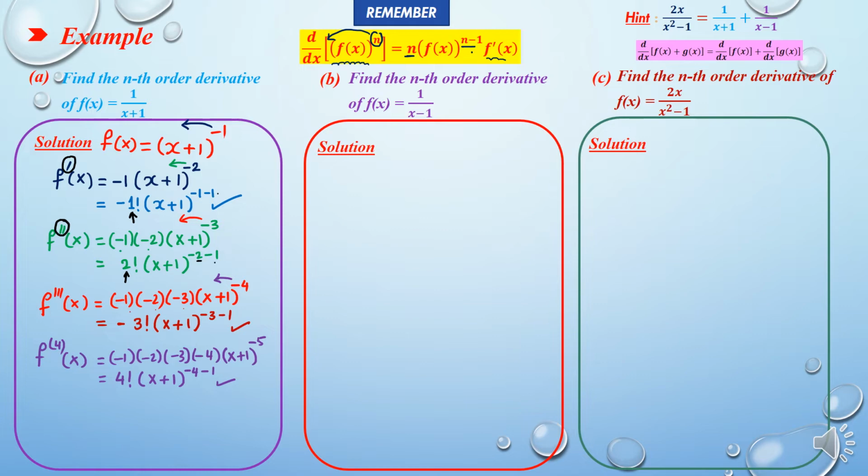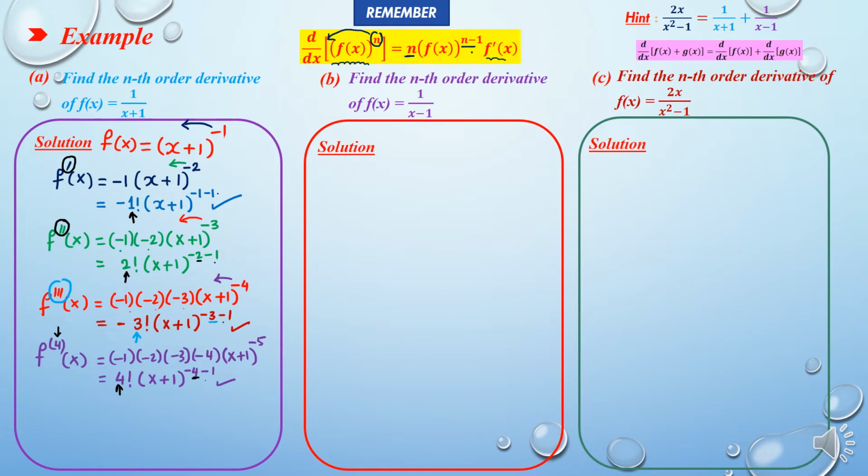So minus 1 is fixed for all the derivatives. Now the third derivative, again, here we have 3 factorial, and here we have negative 3 minus 1. So there is a pattern in the derivatives. Now what about the fourth derivative? Here we have 4 factorial, and here we have negative 4 minus 1.